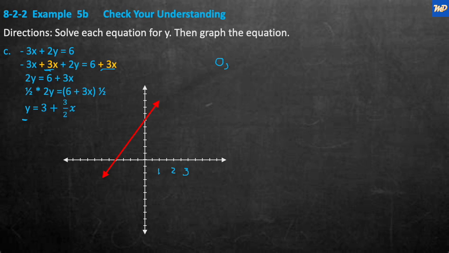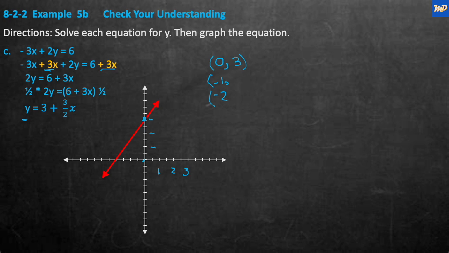If the value for x that we chose is 0, then y ends up being 0 times 3/2 is 0, plus 3 is 3. Right here, 3. Okay, next one. Let's pick minus 1. In fact, let's pick minus 2 for the next one.